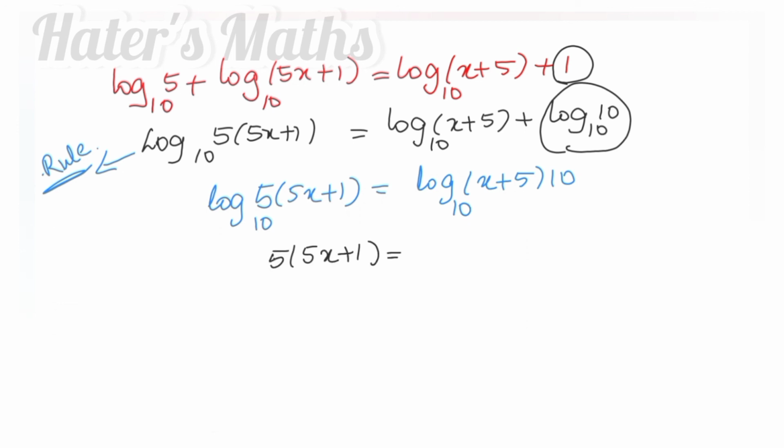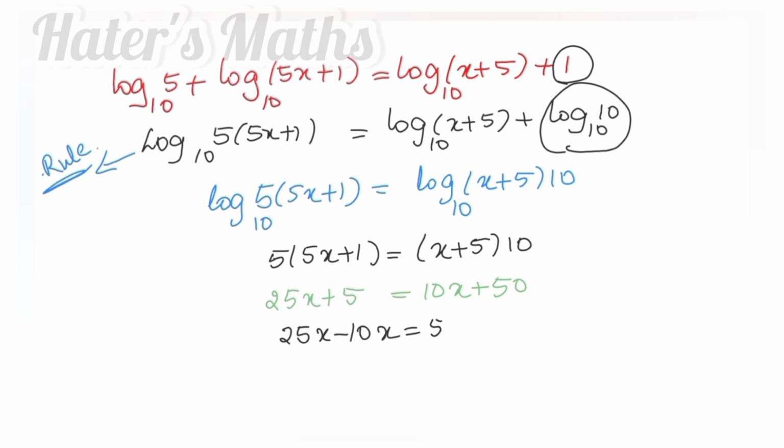Now using the equality rule, it is 5 into 5x plus 1 is equal to x plus 5 into 10. By multiplying this, we get 25x plus 5 is equal to 10x plus 50. By taking 10x to the LHS, it is 25x minus 10x equal to 50 minus 5. 15x equal to 45, x is equal to 45 by 15, that is equal to 3.